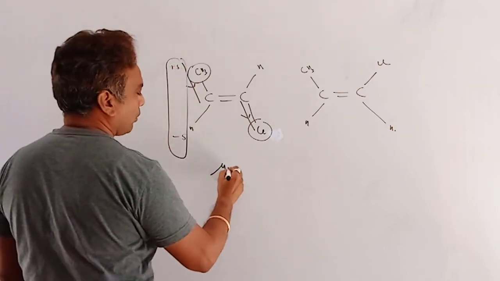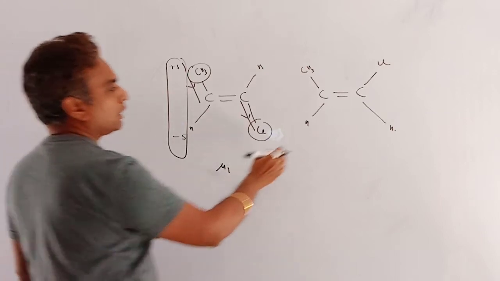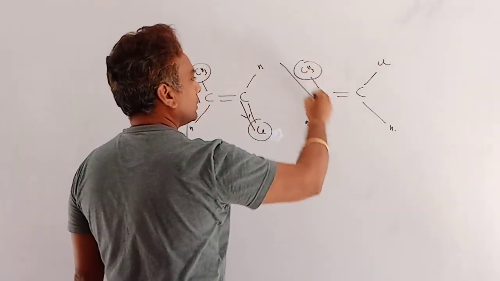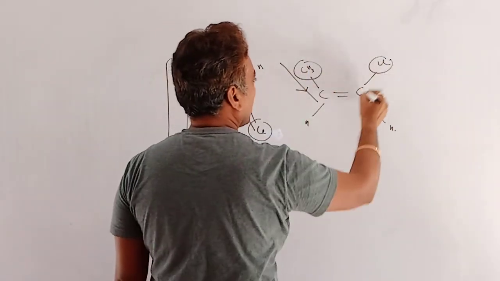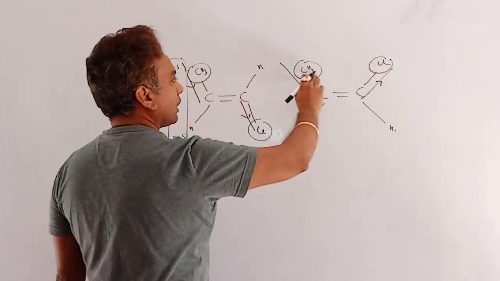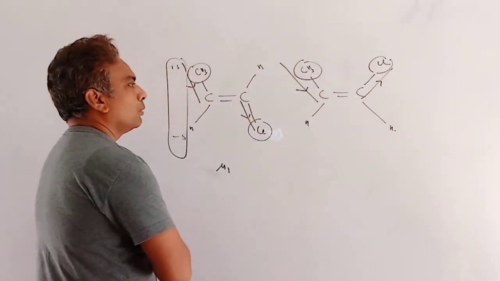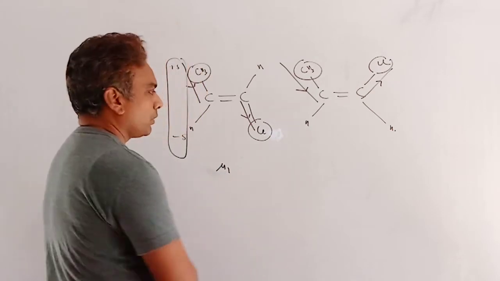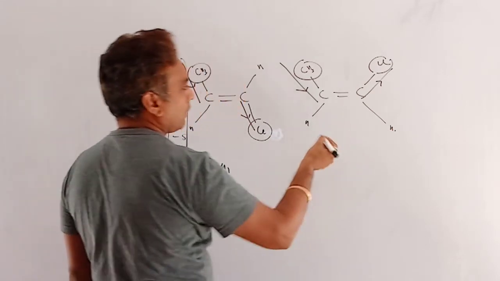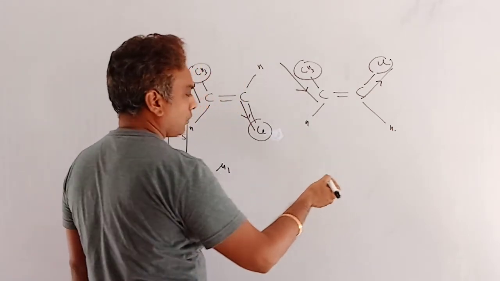Here is the dipole moment mu1, and in case of cis, here is downwardly but here is upwardly, but these groups are not identical, so pulling and pushing are not the same. So some polarity will be developed according to the difference of electronegativity.